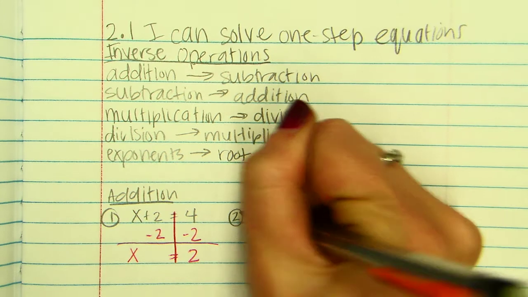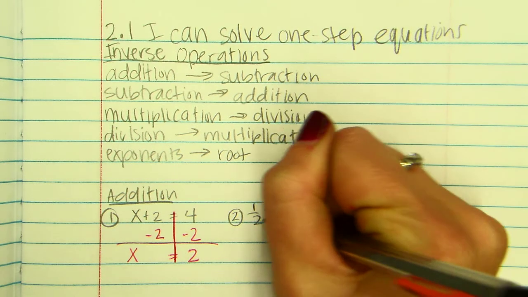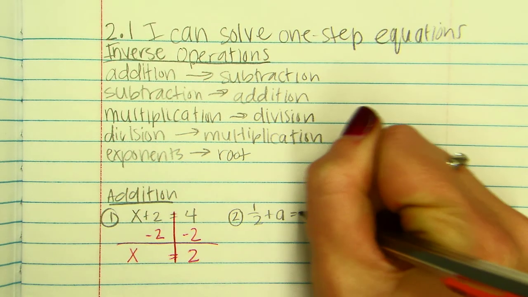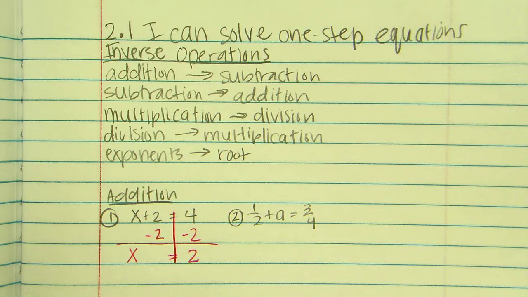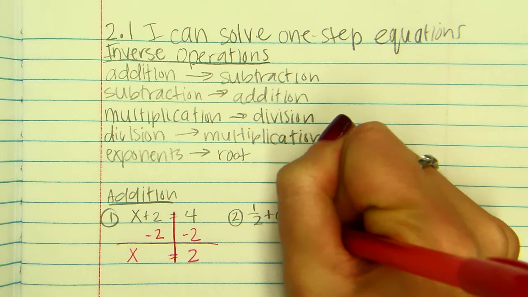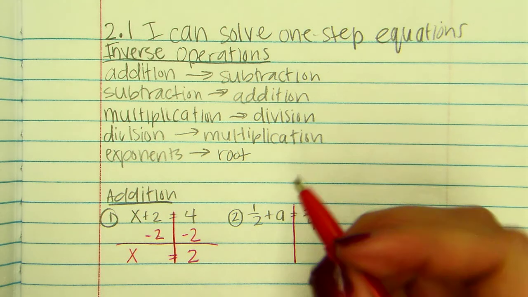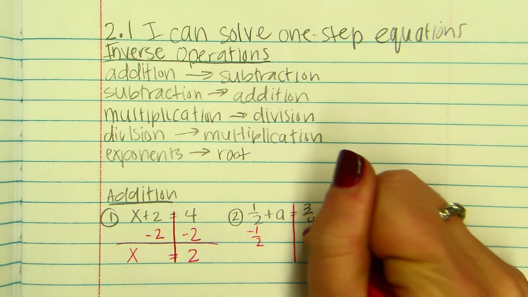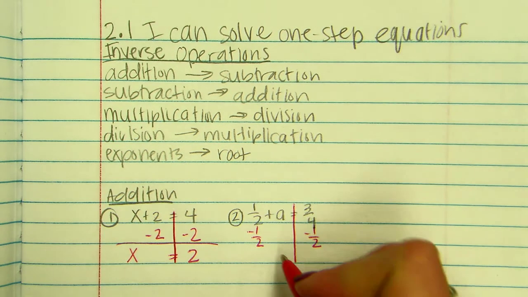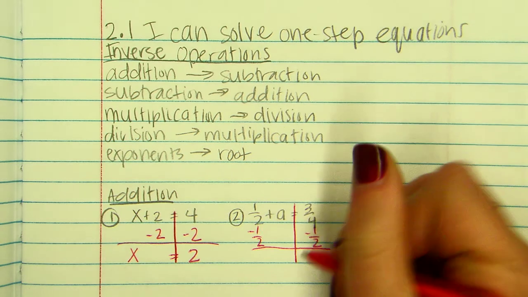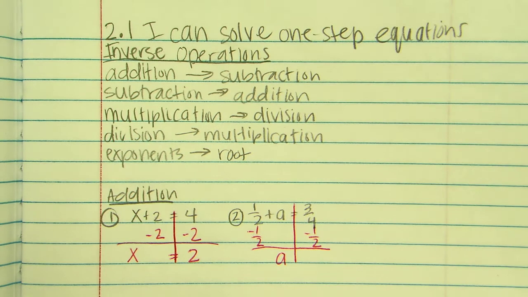We're going to do another addition equation. We're going to do 1/2 plus a equals 3/4. Same thing, we're going to start by drawing a line down the equal sign. We want to get the a by itself, so we're going to do the opposite of what's being done to the variable. The opposite of adding 1/2 would be subtracting 1/2. Then I'll balance each side. 1/2 minus 1/2 is 0, so I just have an a left on the left side.